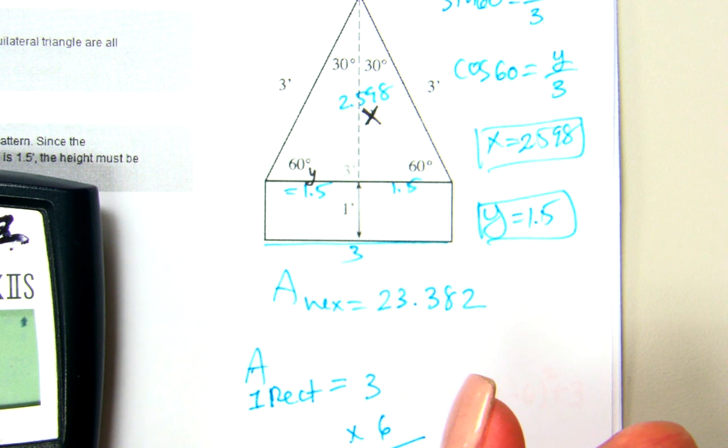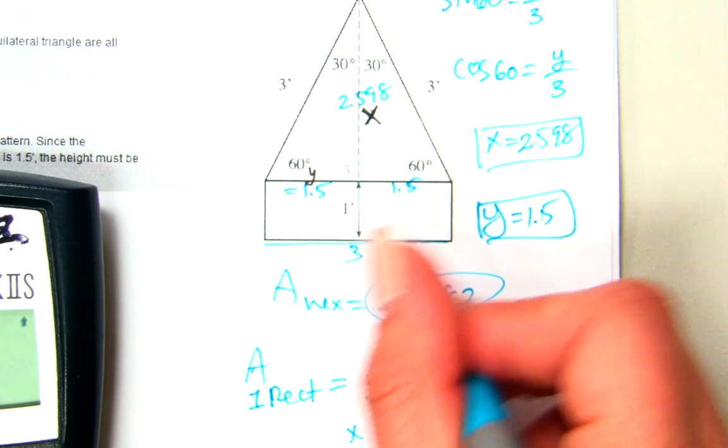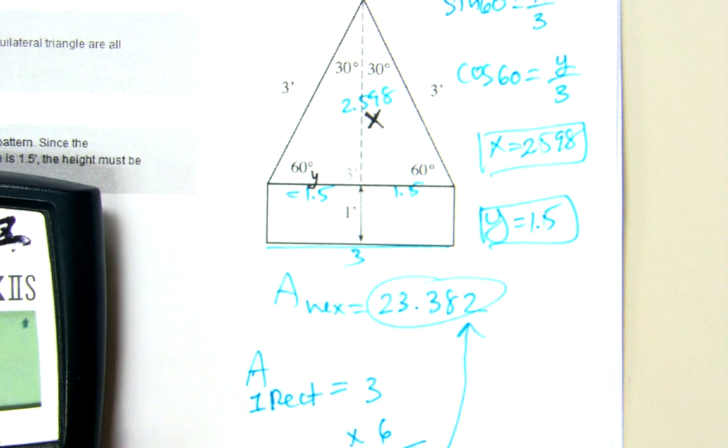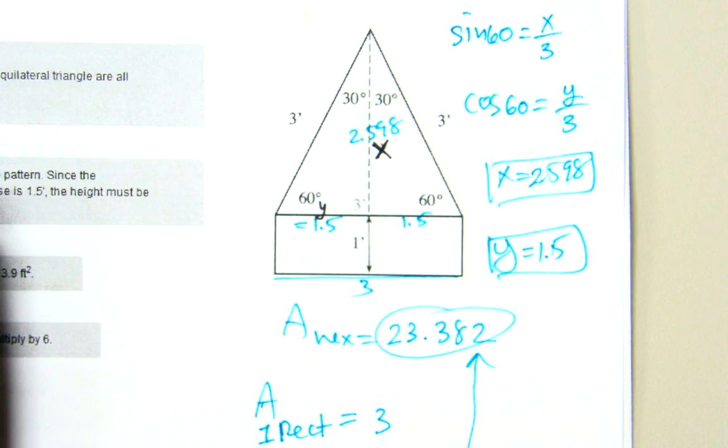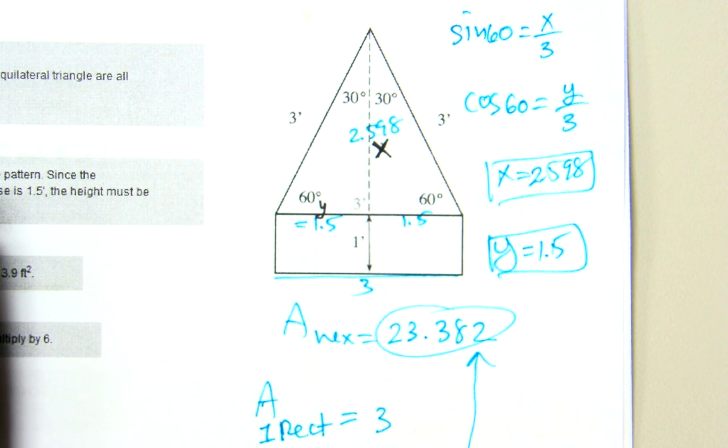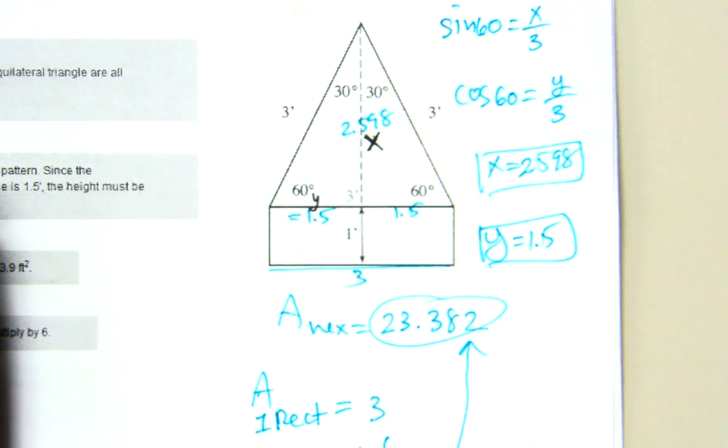So you have 18 square feet for the rectangle pieces, plus the area of the hexagon piece. So 18 plus 23.382 is around 41.382 feet squared worth of area.